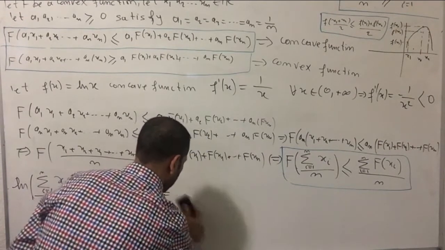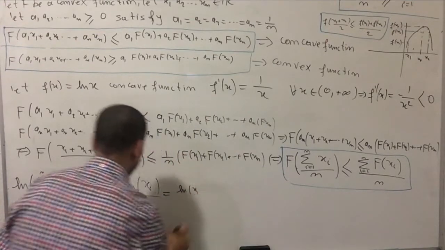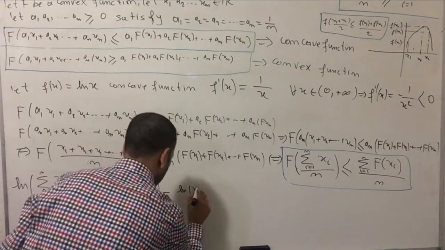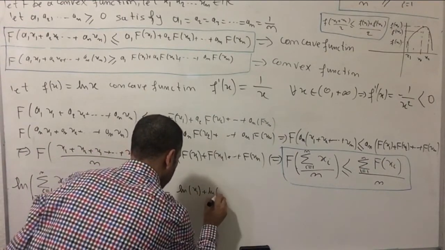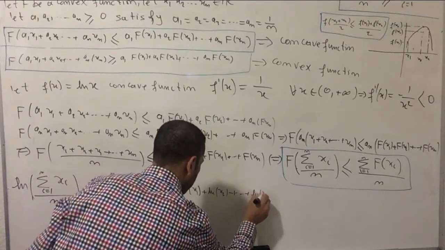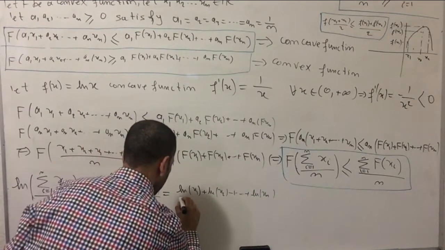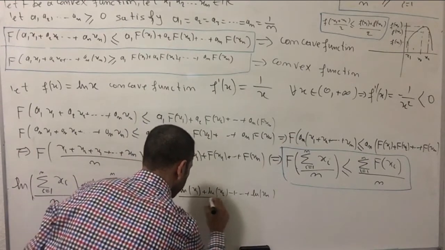I'm going to distribute this one: natural log of x1 plus natural log of x2 and so on until you get the last one, xn, over n.